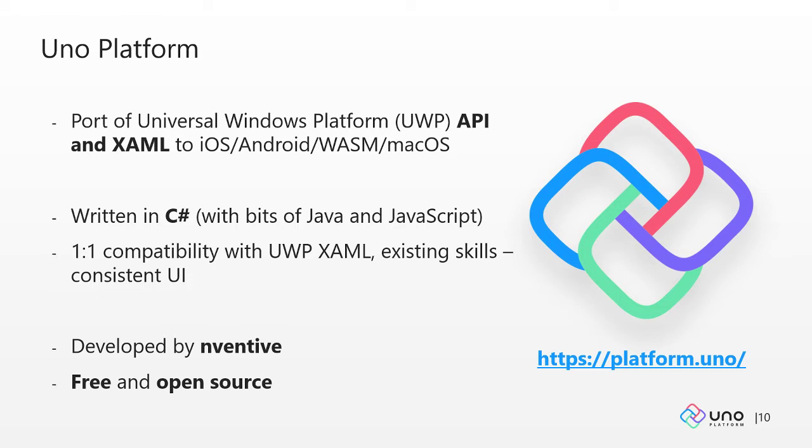It's completely written in C# with some bits of Java and JavaScript here and there, which allow for better performance and to communicate with browser APIs, and is striving to achieve 100% compatibility with UWP XAML, which means Windows developers coming to Uno Platform will be able to reuse their existing skills and create a consistent UI which will look great on every platform, and it will be easy to iterate the design.